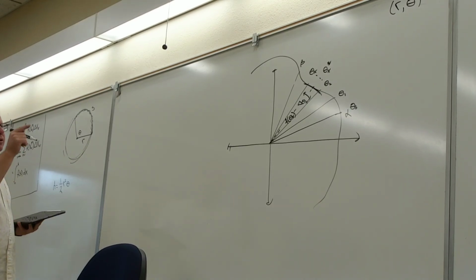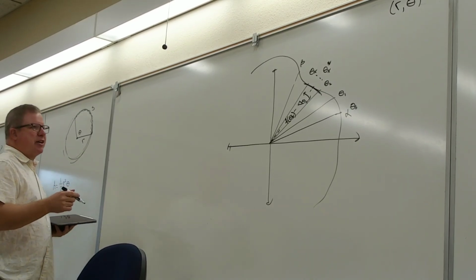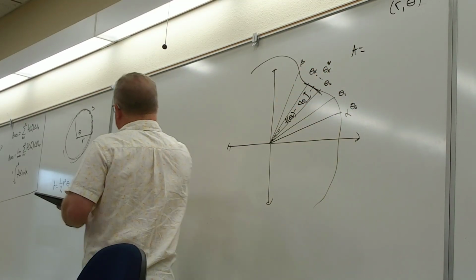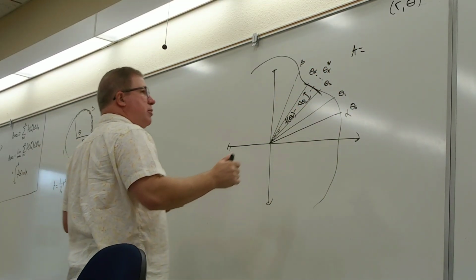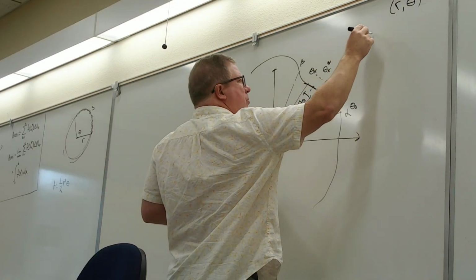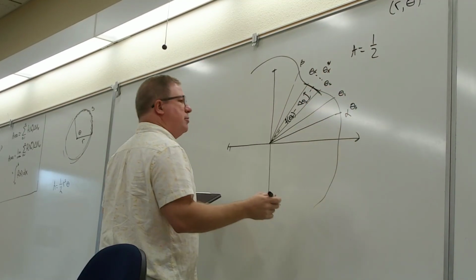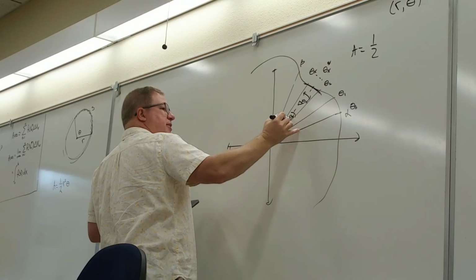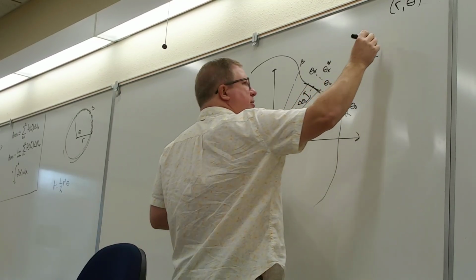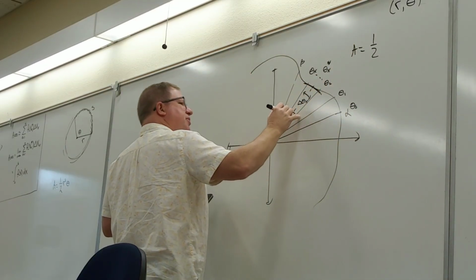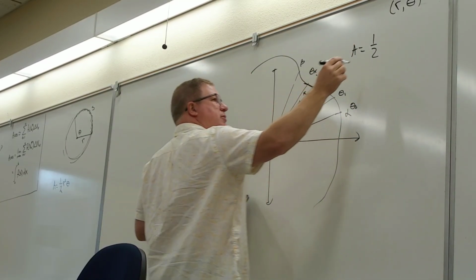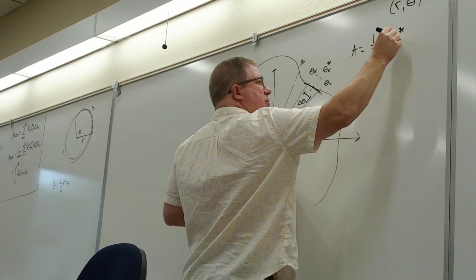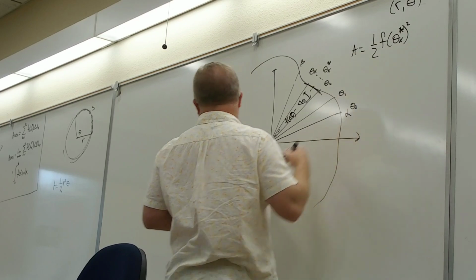So now, the area of that sector, we've got to use this formula, is going to be 1/2 that radius f of theta sub k. It's actually f of theta asterisk sub k, squared.